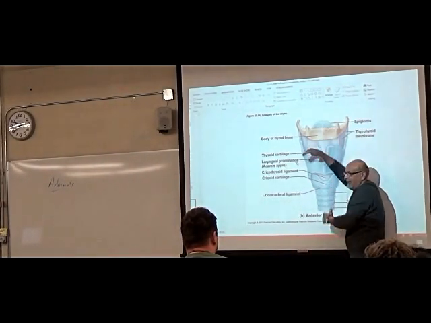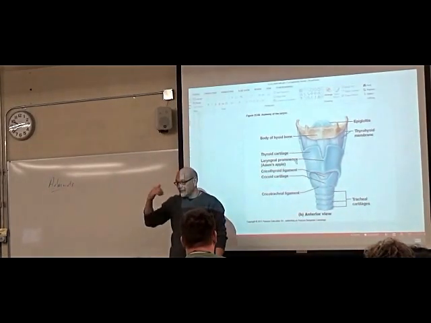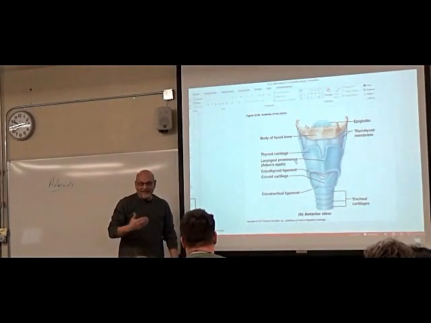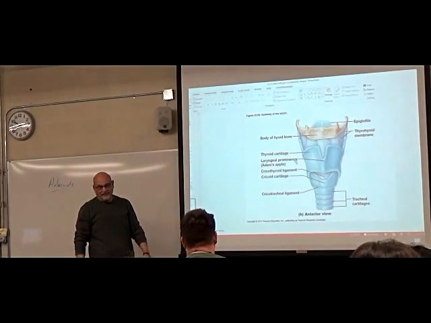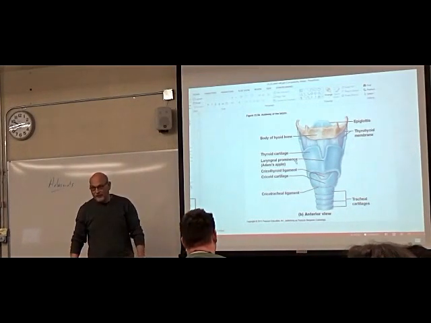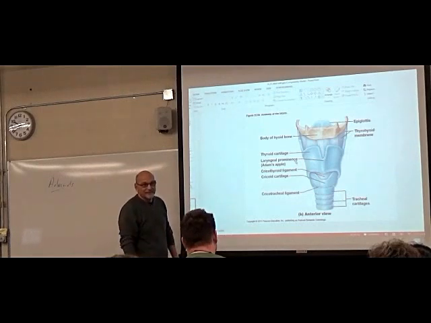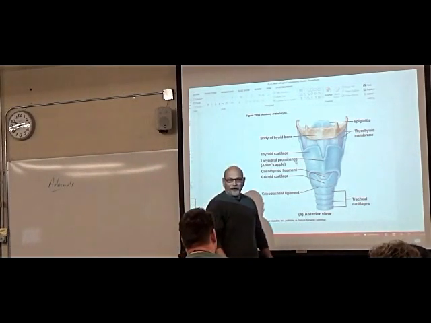This pulls up to that and closes off the airway when you swallow, so water and food go down your esophagus and not down the wrong tube. So you can't swallow and breathe in at the same time. If you think you can, we'll give you a drink and watch you perform for us.